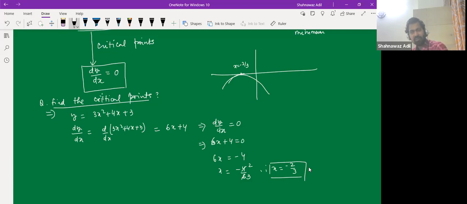It can be either maximum or minimum point, because we have to differentiate it further to know about that. But we'll not talk about that. We only want to calculate the critical point. So this is the critical point. Did you guys understand this part?